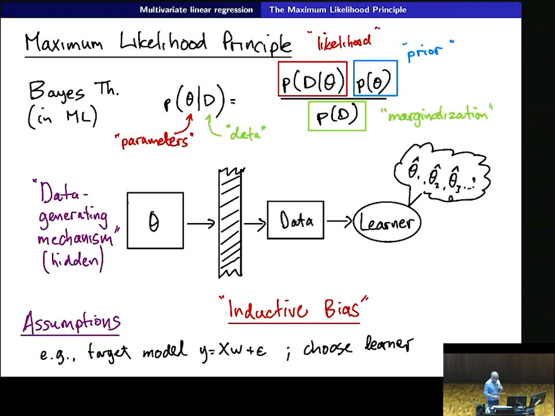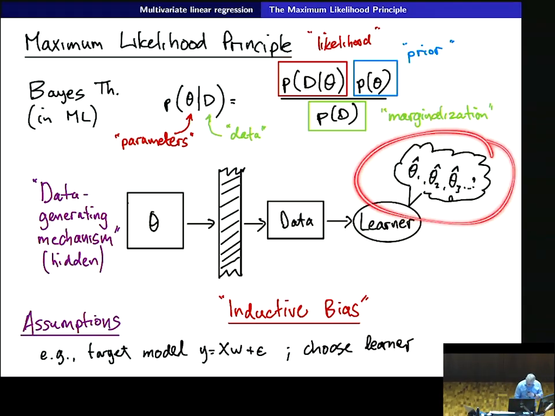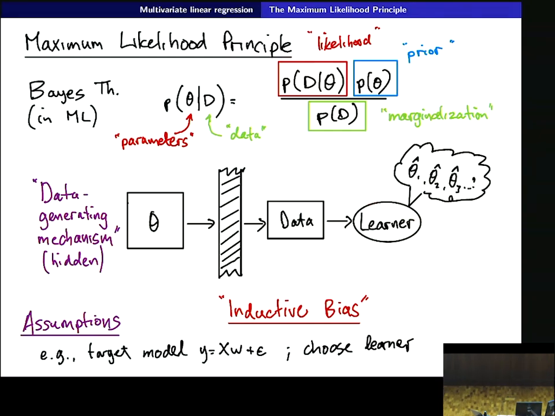And the algorithm is essentially this thing that is coming up with a process to generate parameters from its inspection of the data. But the assumptions about this whole setup are called the inductive bias of the algorithm. Inductive bias is, in some ways, an unfortunate term, because bias we usually think of as being a negative thing.